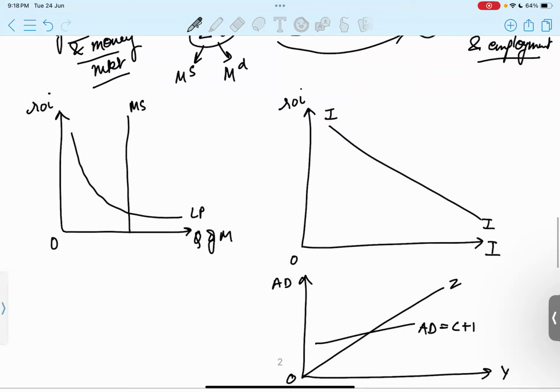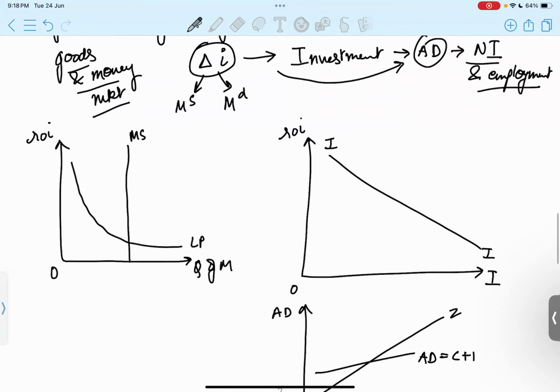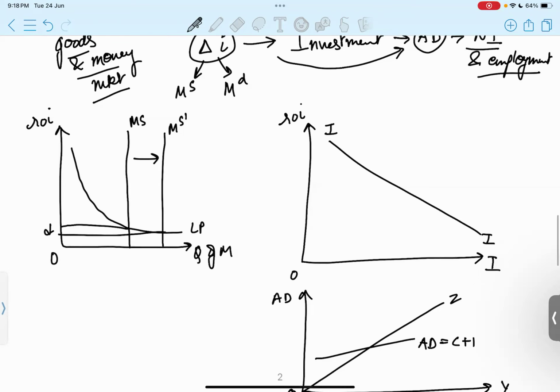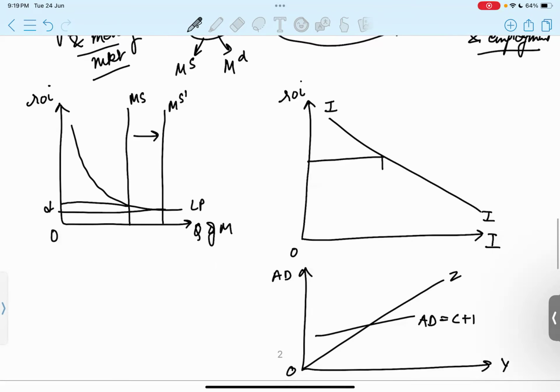Now, let's say the money supply increases in the economy. So the money supply curve will shift towards the right. We are seeing a fall in the rate of interest to this level. Now, when interest rate is falling, let's suppose we were at this point. A fall in interest rate will increase the investment in the economy.